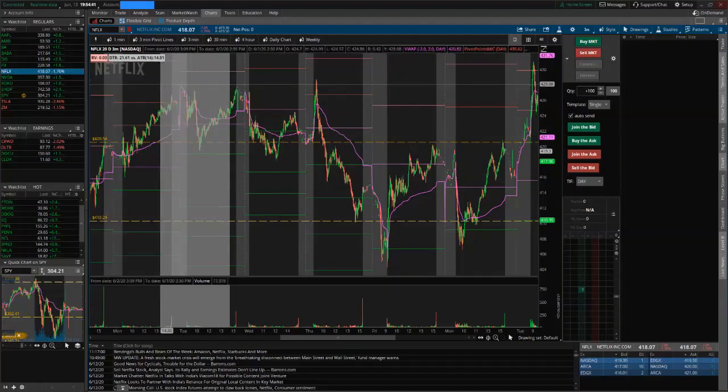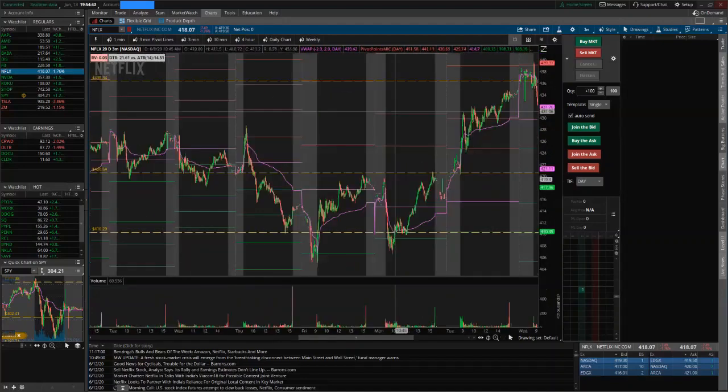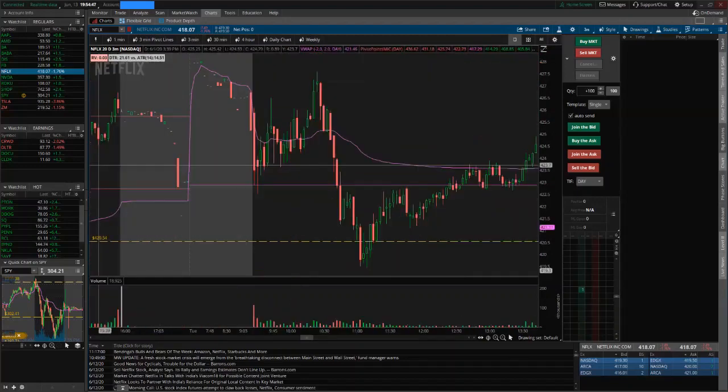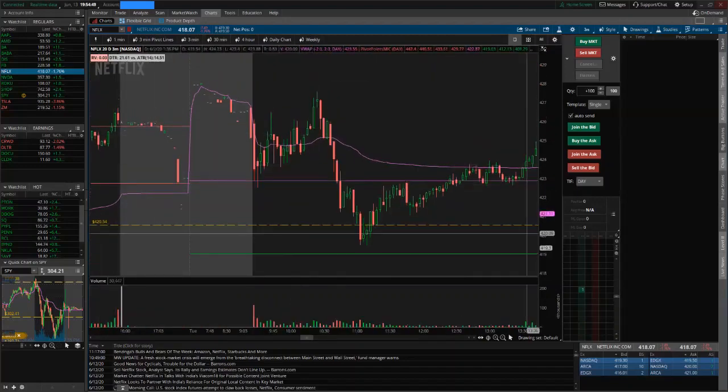This was a line. No, that wasn't a line. Yeah, this was a good line here. So this is that 420 line, and around that time, it was that psychological 420 that everybody was looking at. So you can start scaling in here.